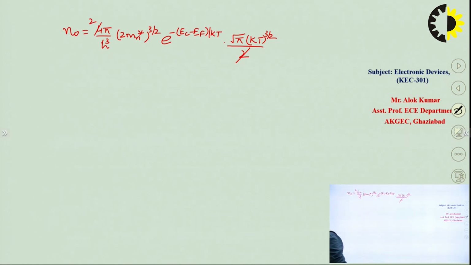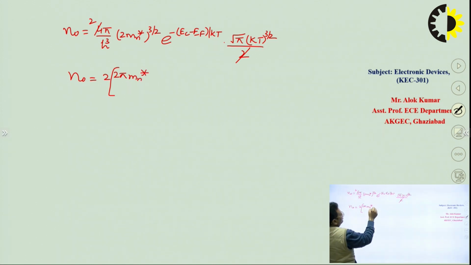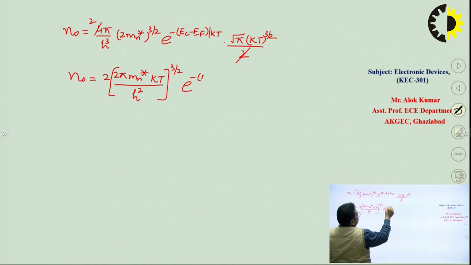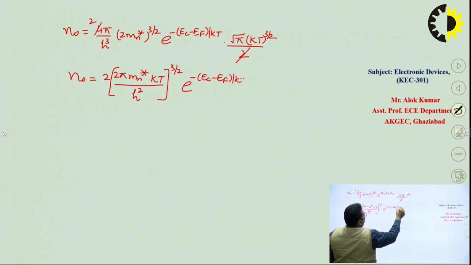So now after rearranging the terms, we will get n naught is equal to 2 into (2 pi m n star KT divided by h square) to the power 3 by 2 into e to the power minus (EC minus EF) upon KT, right?